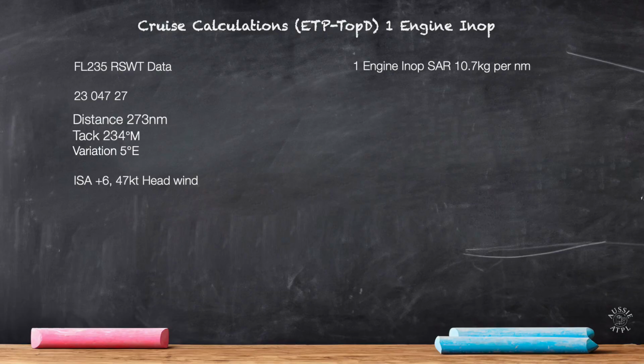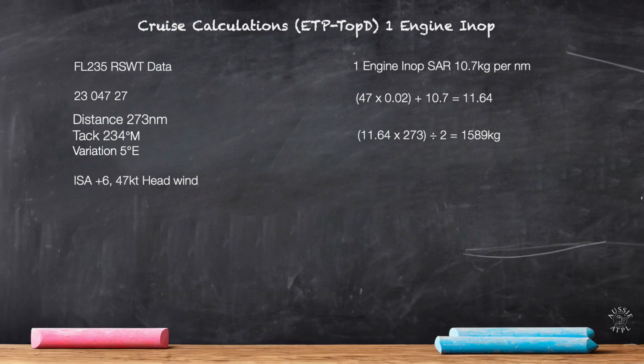So obviously now we need to find our estimated mid-zone weight. To do that, we get our specific air range of 10.7 kilograms per air nautical mile. Adjust that for our headwind, times by 0.02 times 10.7 gives us 11.64 as our estimated fuel burn per ground nautical mile.